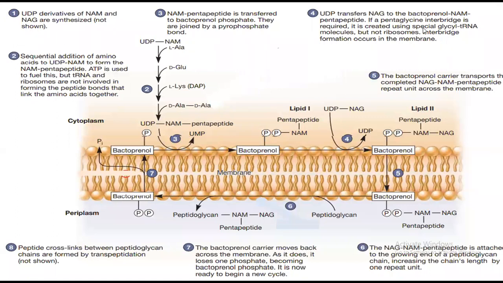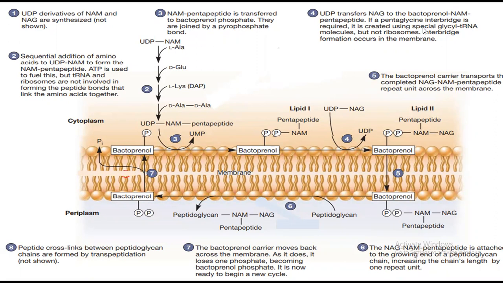So what happens is that uridine diphosphate binds to N-acetylmuramic acid, and it acts as a carrier protein. The biosynthesis of N-acetylmuramic acid and N-acetylglucosamine: I have not added the slides of that biosynthesis because it would become a bit complicated.